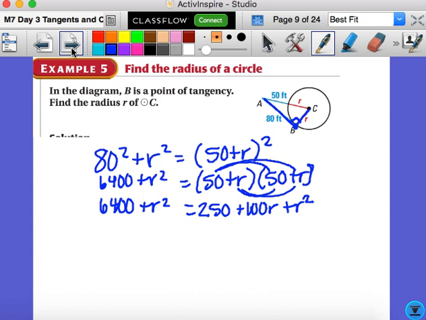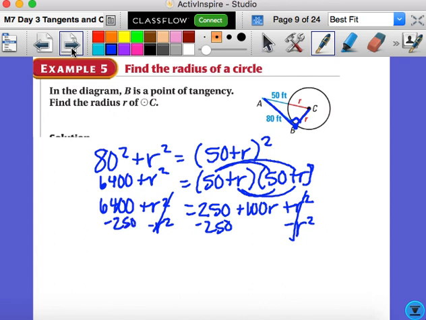Now at this point, it looks like I might have to factor because I've got a quadratic term. I've got a squared term. However, I have a squared term on both sides of this equation. So when I try to group them together, it's actually going to turn out kind of nice for me. They're going to cancel out. So now I just have to solve like I would any other equation.